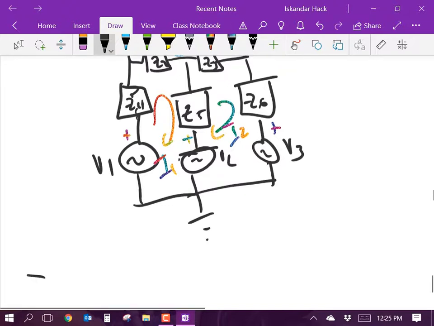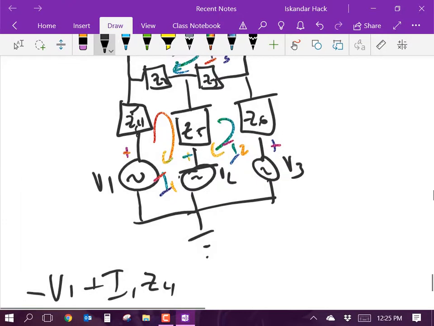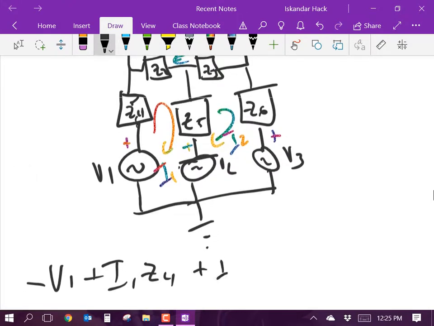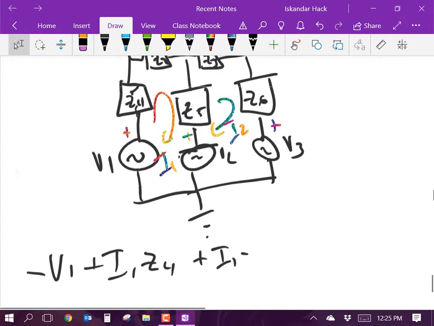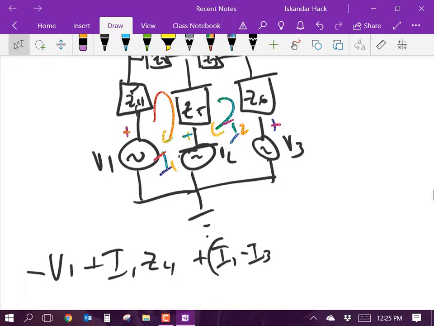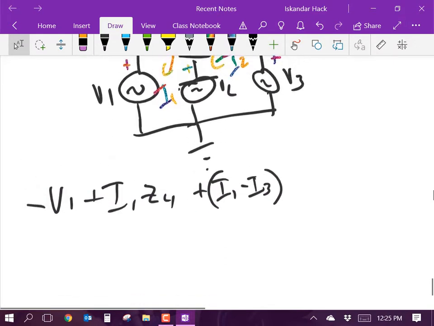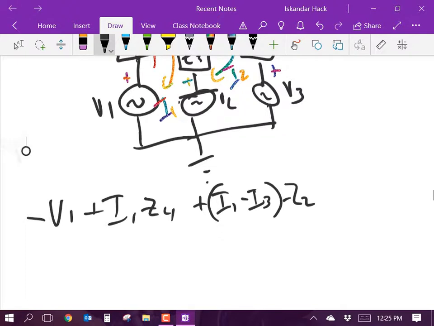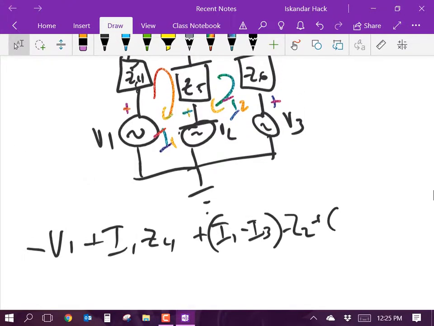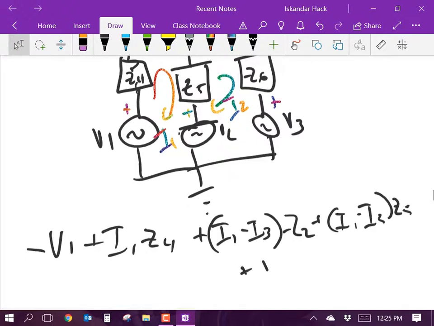I'm going to say minus V1 right there, plus I1 times Z4, plus I1 minus I3 times, that's what, Z2 right there, plus I1 minus I2 times Z5, plus V2 equals 0.